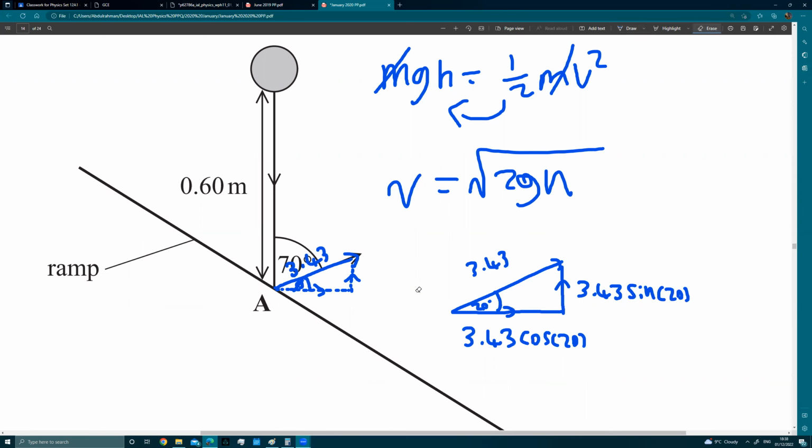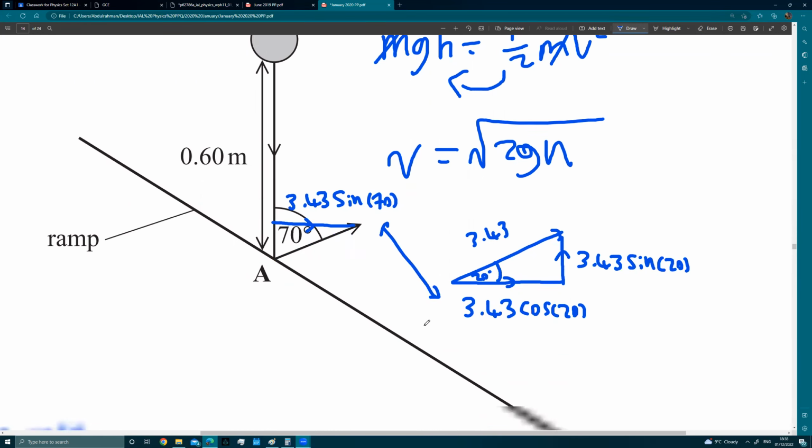Okay, so if you want to use 70 degrees, your triangle now looks like this instead, where this is your horizontal component. So your horizontal component is 3.43 sine 70 instead of 3.43 cosine 70. And if you put this in your calculator, you notice it's the same value anyway.